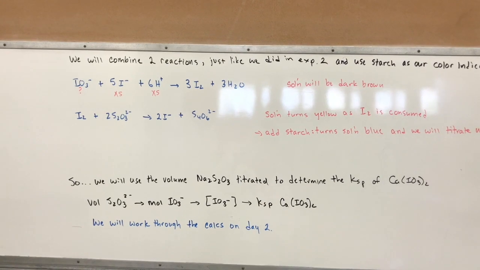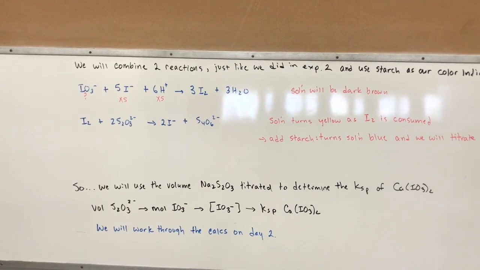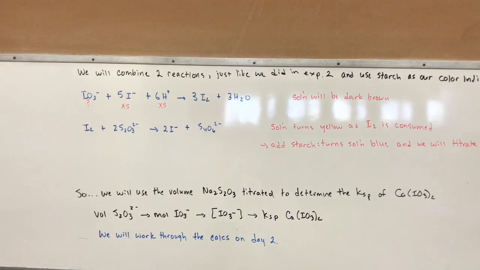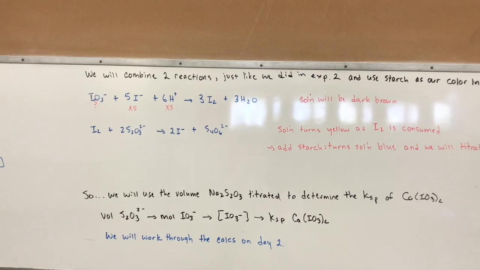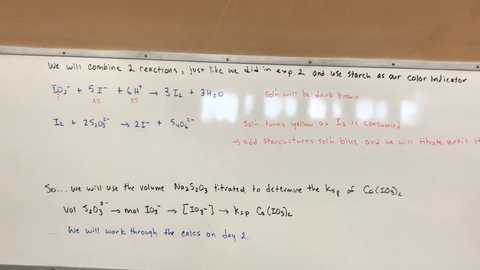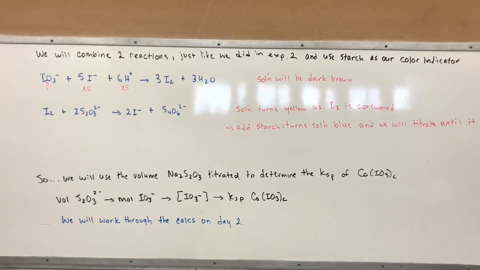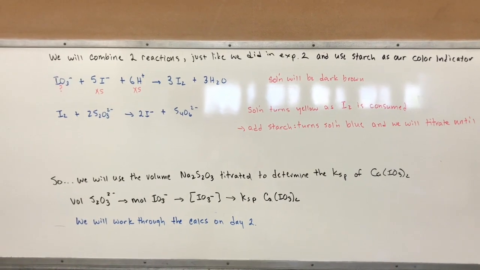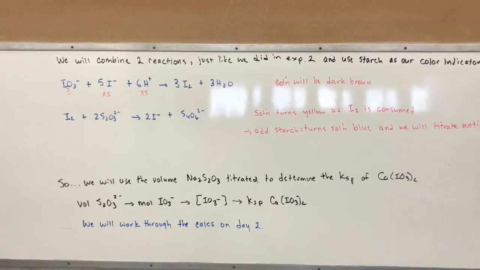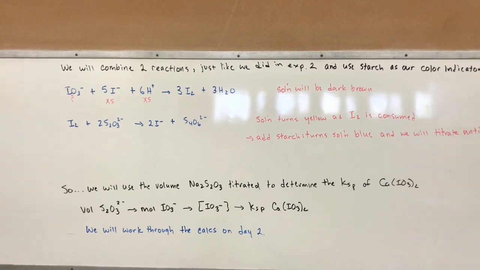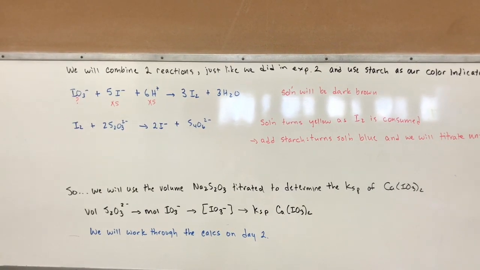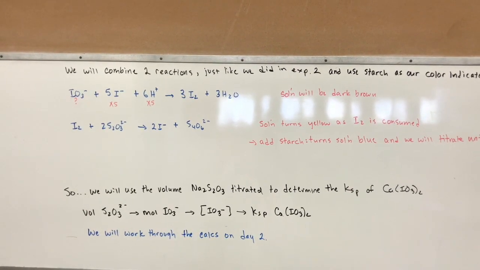And when all of that iodine disappears, then the starch solution, which will be blue in the presence of iodine, will turn clear. So starch will be our color indicator, the thiosulfate will be our titrant, and we're going to be combining iodate, iodide, and acid into our reaction flask.